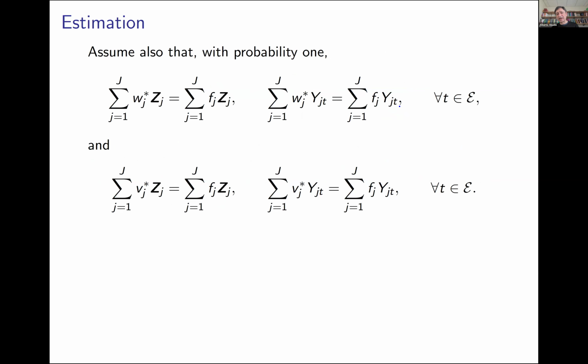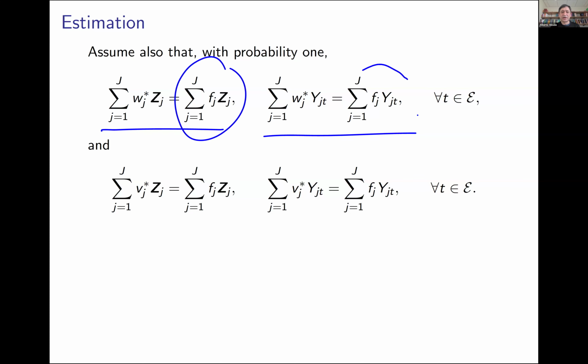So what can we say about the estimation properties? Well, this is part of what we can say first. Imagine that you are able to fit the characteristics of the average in the population for both the C's and the Y's, and you do it both with the synthetic treated and the synthetic control. Okay.